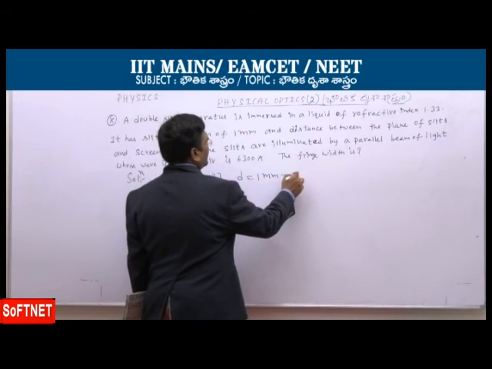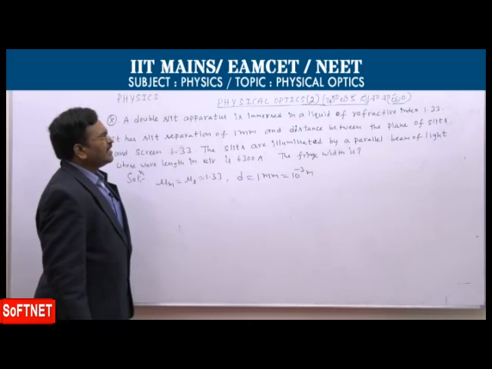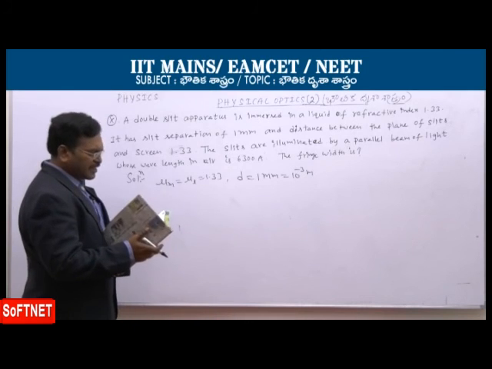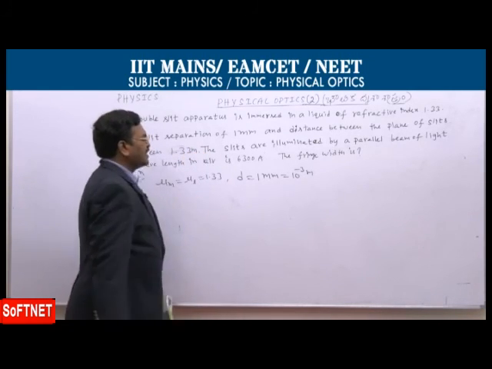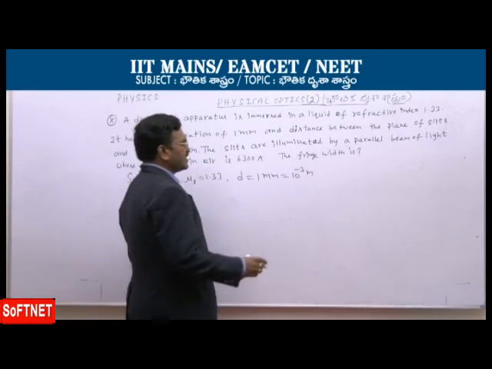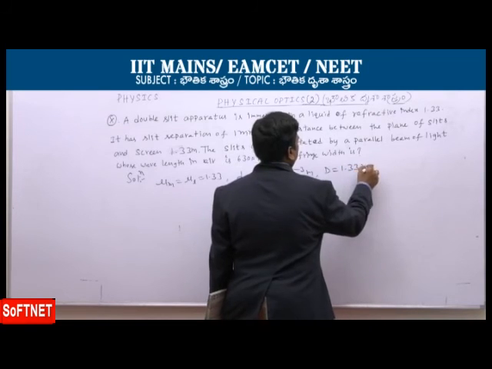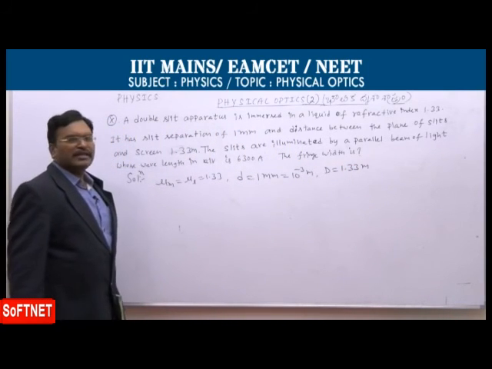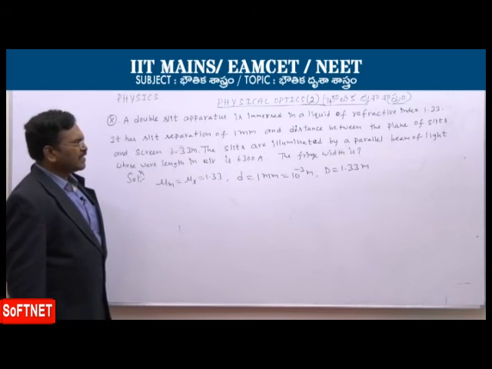Small d is equal to 1 millimeter, 10 to the power of minus 3 meters. And the distance between the plane of the slits and the screen is 1.33 meters. And the slits are illuminated by a parallel beam of light whose wavelength in air is 6,300 angstroms.